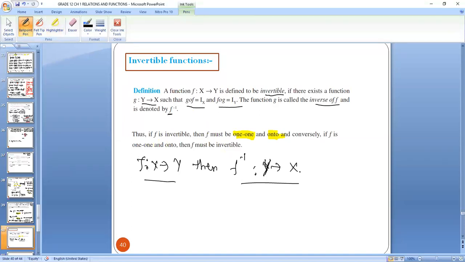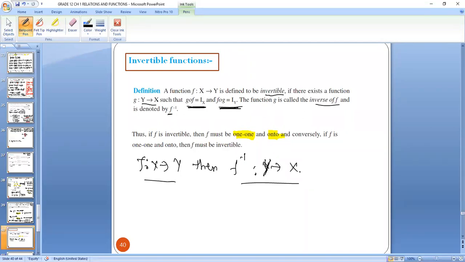So invertible function क्या है कि अगर F एक मैपिंग है x to y, तो F inverse एक मैपिंग होगी y to x, right? तो F inverse को हमने definition में एक नया नाम दे दिया, that is G. If F is a mapping from x to y, it is defined to be invertible if there exists a function g mapping from y to x such that g of f is identity mapping, and f of g will also be identity mapping. हमने ये एग्जांपल भी की थी कि अगर फंक्शन 1-1 and onto है, then g of f will be identity mapping and f of g will also be identity mapping.